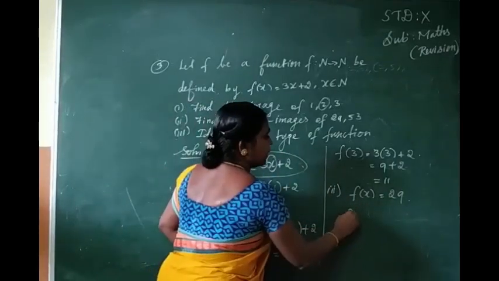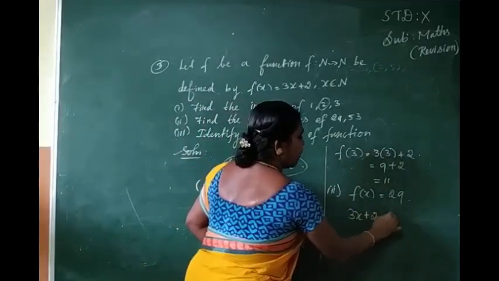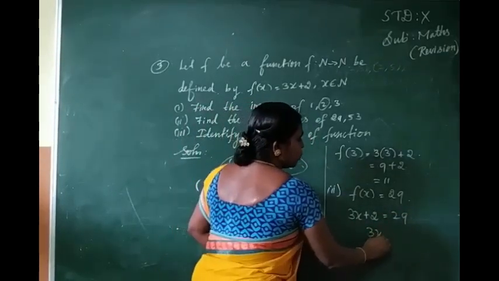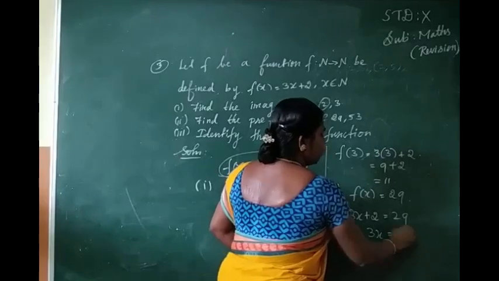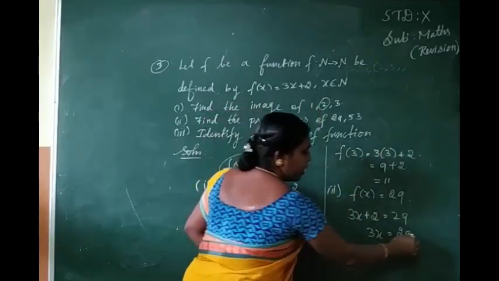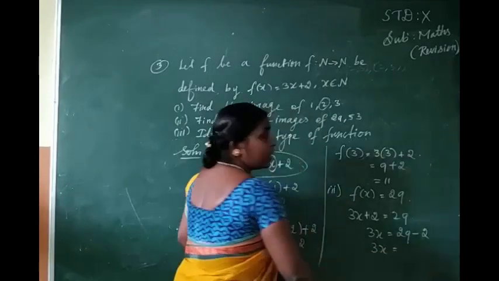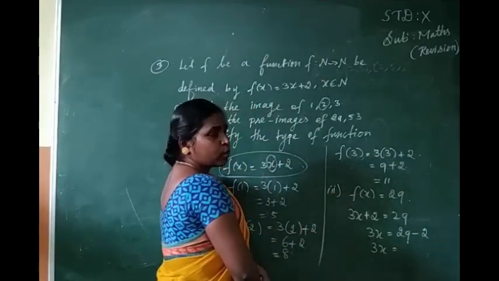So I am writing here 3x plus 2 equal to 29. Then 3x equal to 29, and 2 you take to the right hand side, so minus 2. 3x equal to 29 minus 2, which is 27.